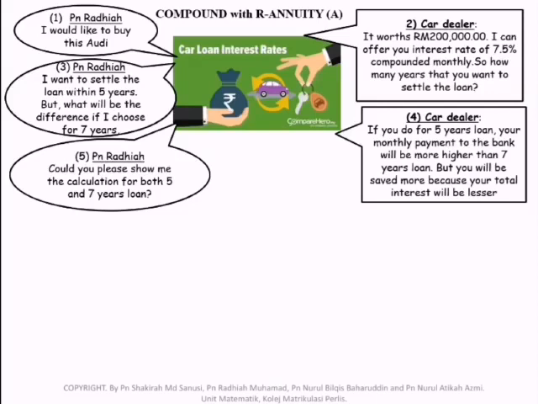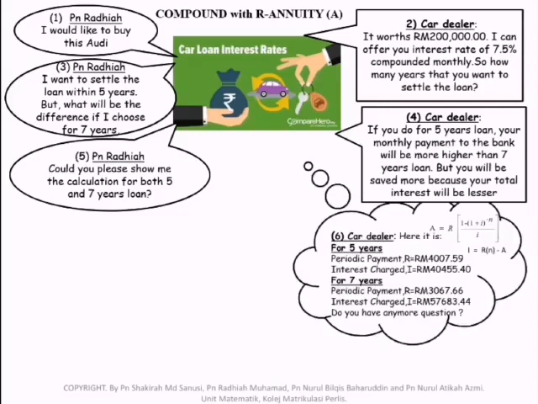Oh, could you please show me the calculation for both 5 and 7 years loan? We will be using the formula A. So for the 5 years, periodic payment capital R is equal to RM 4,007 ringgit and 59 cent. Your interest charges capital I is equal to 40,455 and 40 cent.